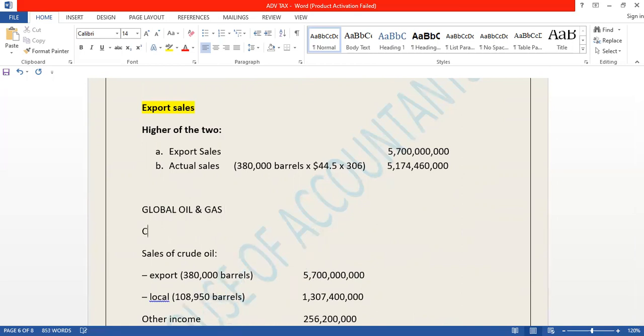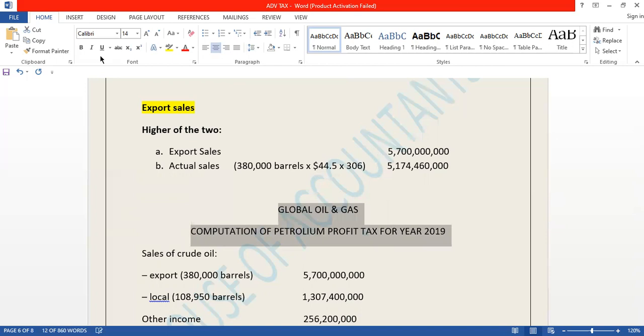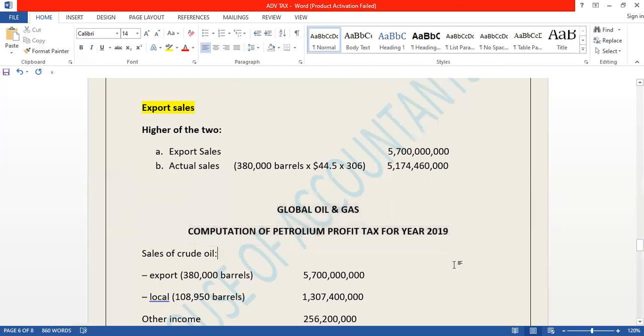We are calculating computation of petroleum profit tax. For which year? For year 2019, based on the instruction given to us in the question. I'll just put this one at the middle and make it bold, and we are good to go.